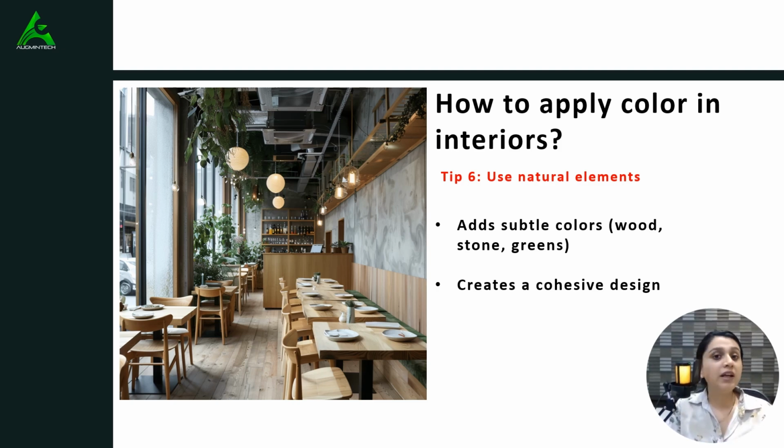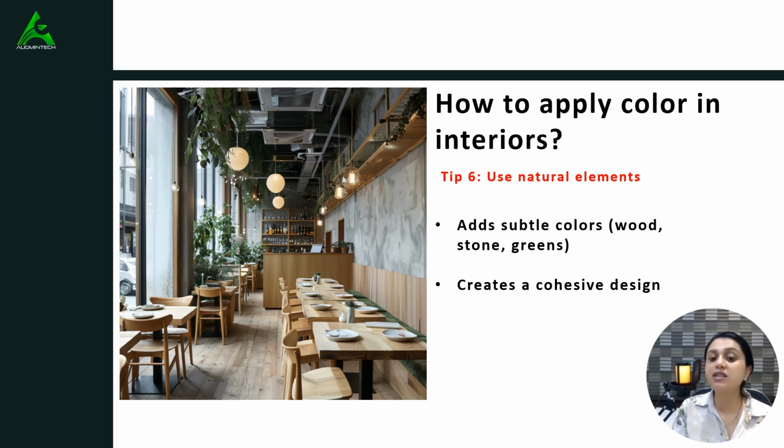Depending on the design that you are creating, these elements can help you accentuate the space and create something very cohesive, right? Whenever I'm talking about natural elements, I'm talking about stone, wood, and also textures like these.